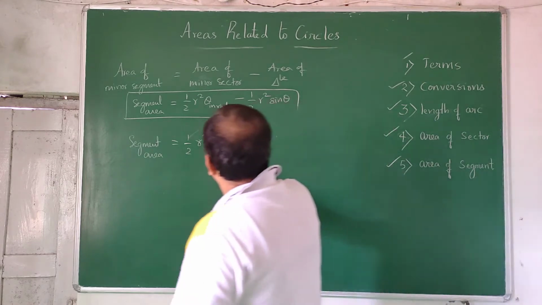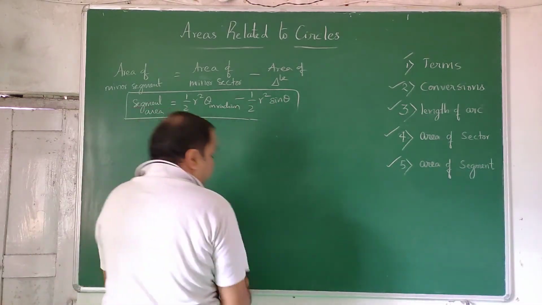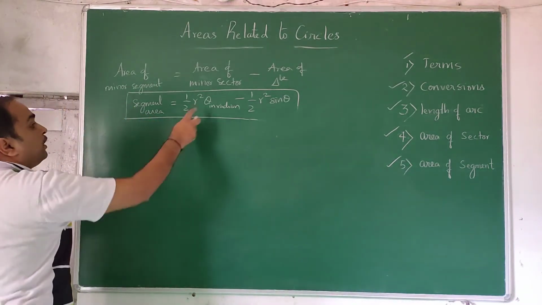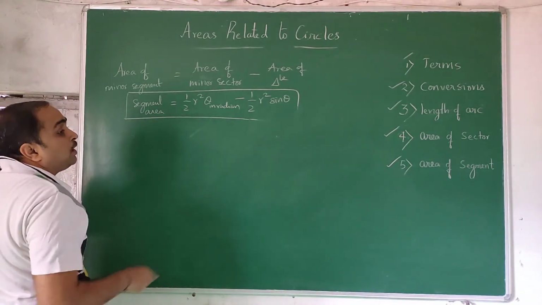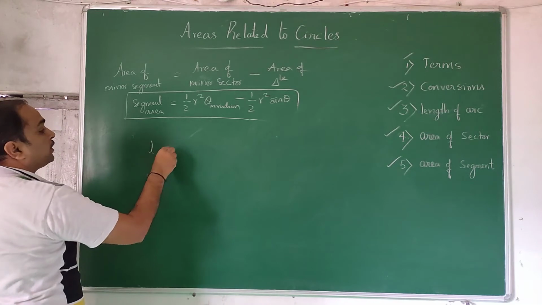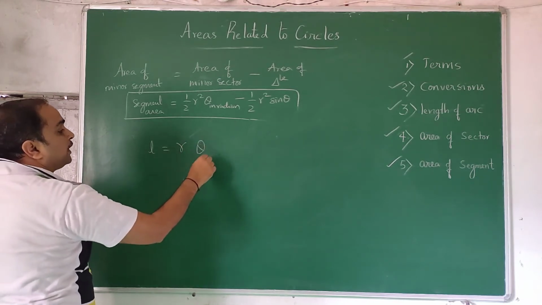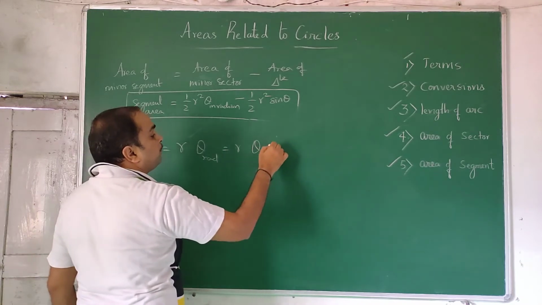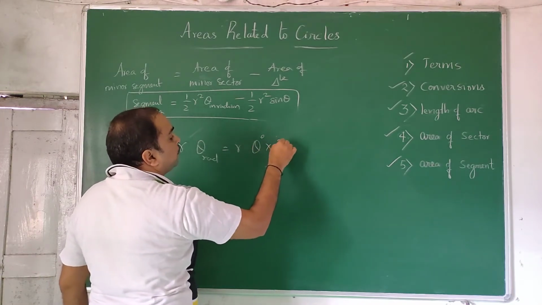So quickly, segment is already written on the board. I am not changing that. How to find area of sector? This is area of sector. And how to find length of arc? Length of arc is equal to radius times theta in radian, or radius times theta in degrees into 2 pi by 360.